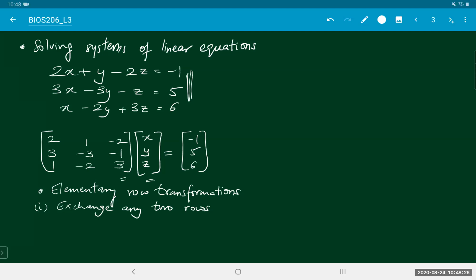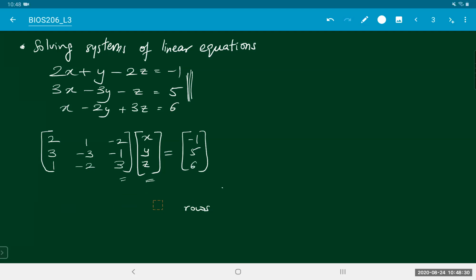I should define something called an augmented matrix. An augmented matrix is just this big matrix over here, and then this smaller column matrix stuck to it.